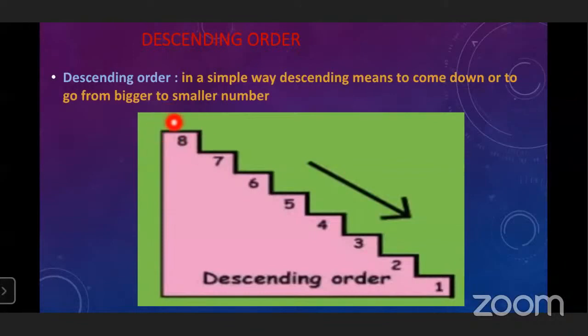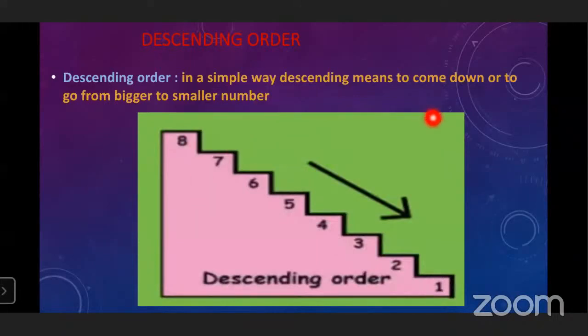When we start from 8 and come down, 8, 7, 6, 5, 4, 3, 2, and 1, we can say that we are going in descending order, or otherwise you can say that to go from bigger to smaller. It's totally opposite to the ascending order.